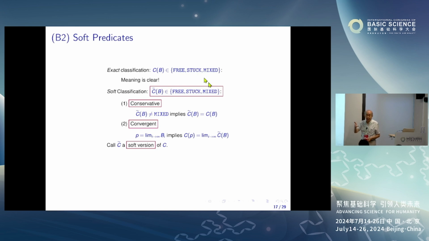If it says red, it really is red. But if it says yellow, it just means it doesn't know. All right? And it's convergent. If the box converges to a point, then in the limit, the classification will converge to the correct answer at that point. So we call that a soft predicate, a soft version of C.